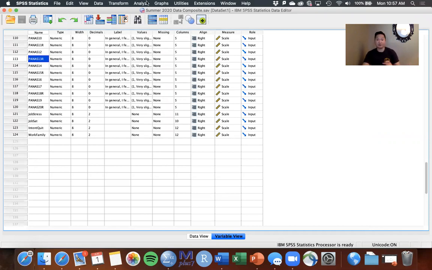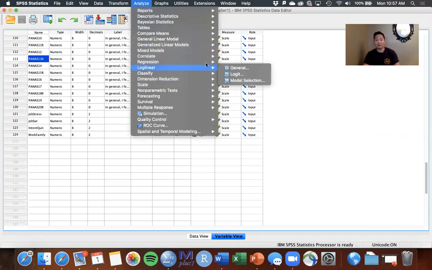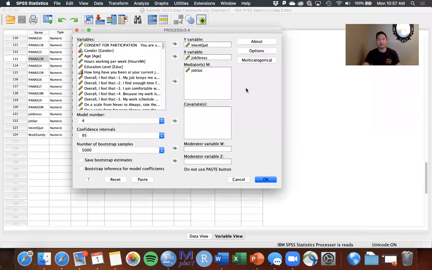Just like with moderation, we're going to go to analyze, regression, and process. I've already got these in here. Job stress is our IV, or our X variable. Intent to quit is our Y variable, and job sat is our mediator.